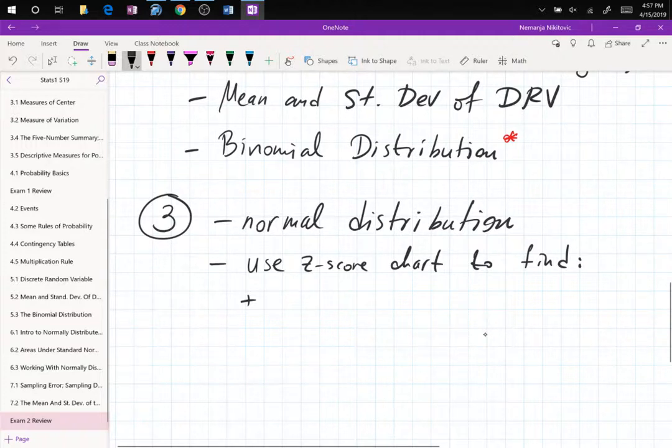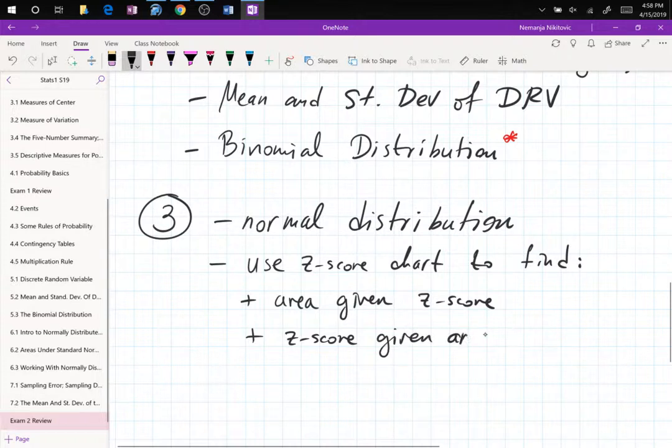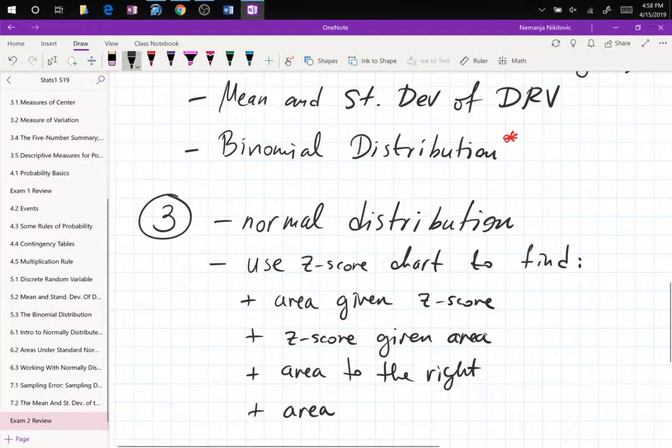To find the area given a z-score, to find a z-score given an area, to find area to the right, to find area in between two z-scores.